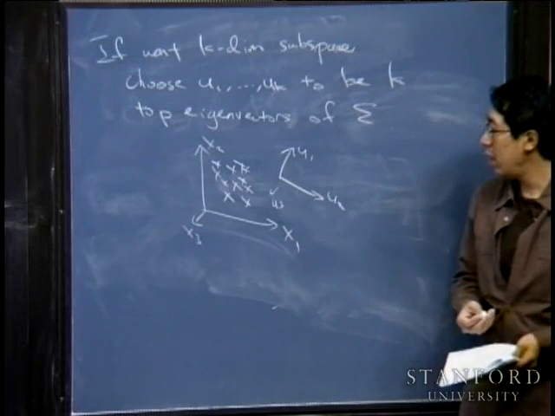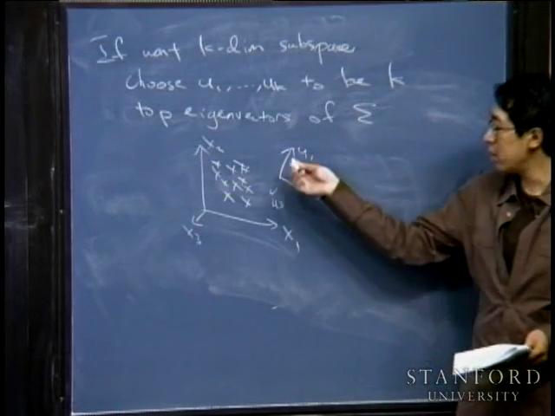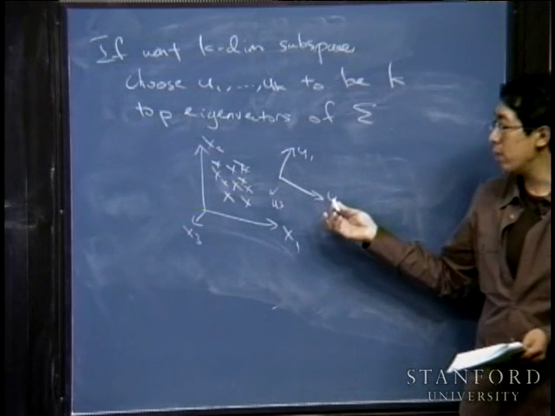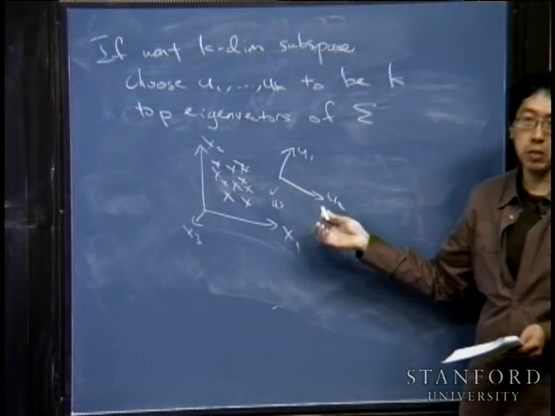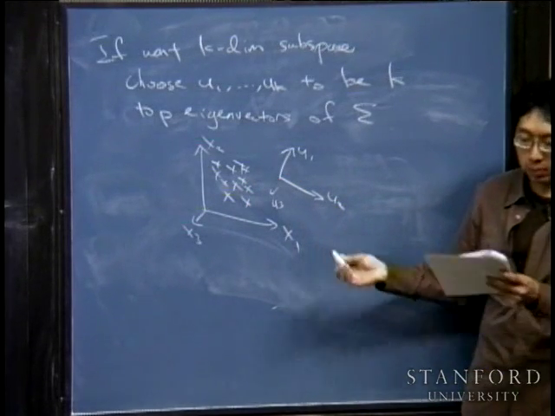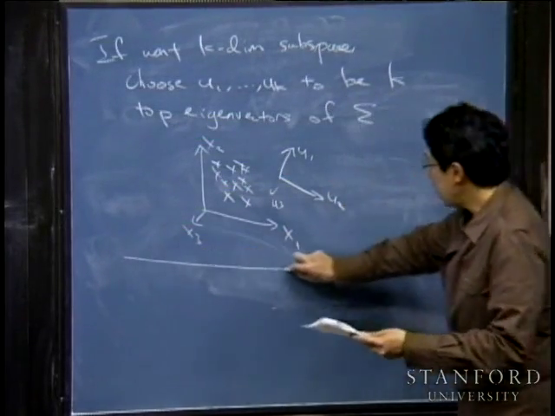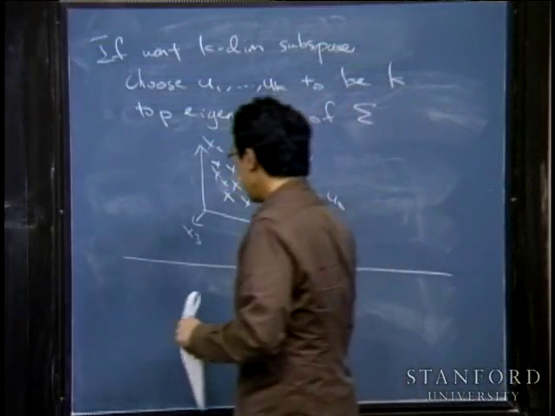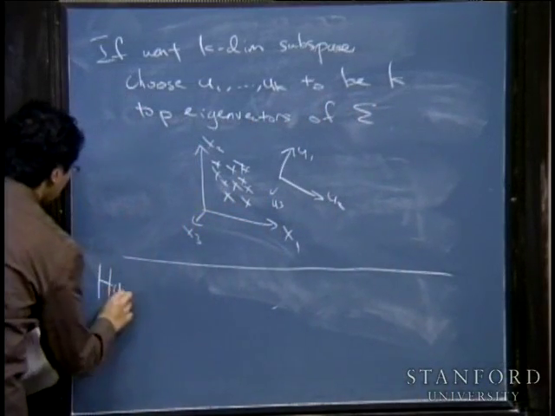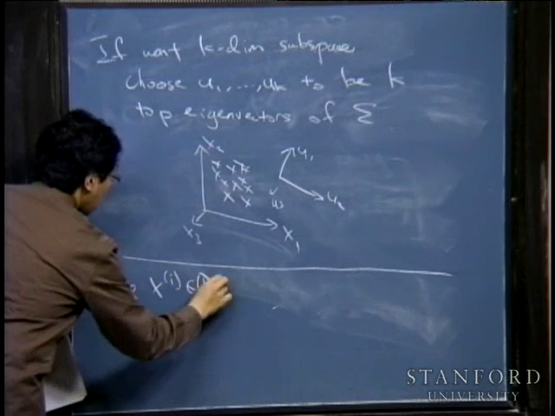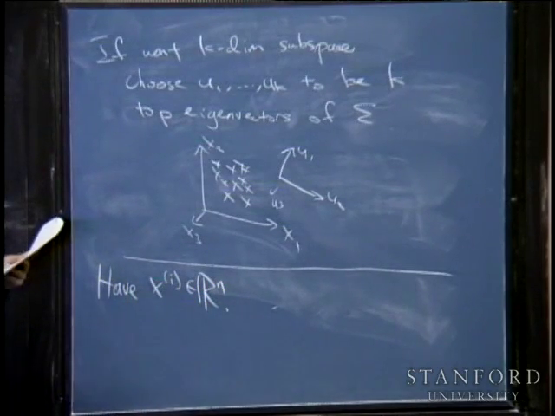So if I reduce this data to 2 dimensions, then the bases U1 and U2 now give me a new basis with which to construct my lower dimensional representation of the data. Just to be concrete about what that means, we have fairly high dimensional input data xi in R^n.